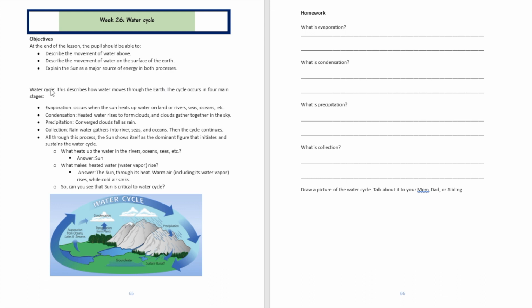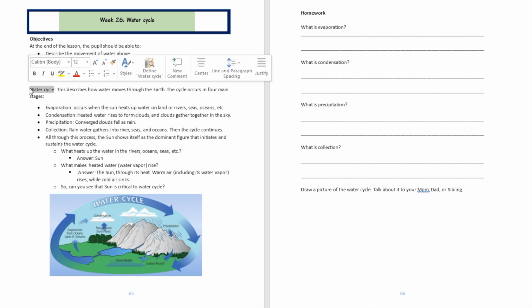So what is the water cycle? Well, this describes how water moves through the earth, essentially. It's just a cycle of water. So water is going to come and it's going to be used and it's going to come back up again. That cycle occurs in 4 major processes. Let's go ahead and try to bold some of those words so you don't forget.